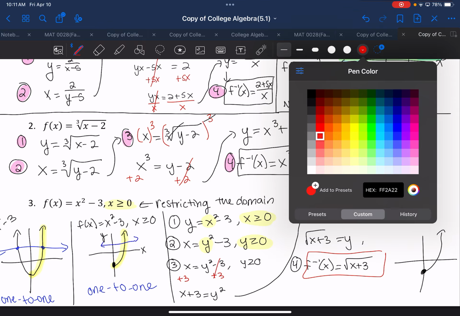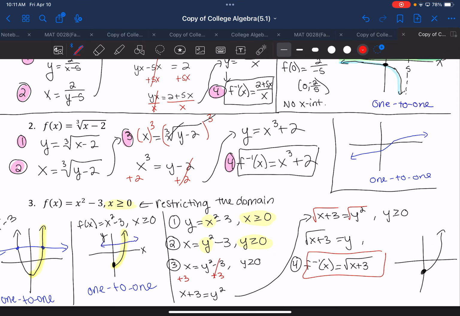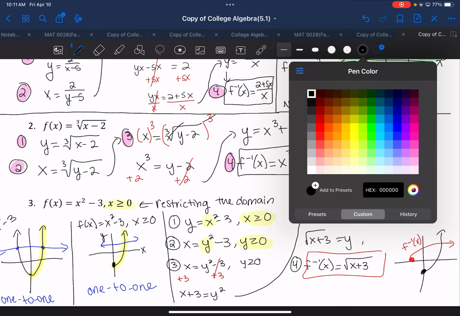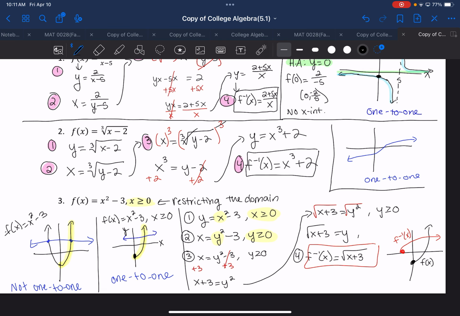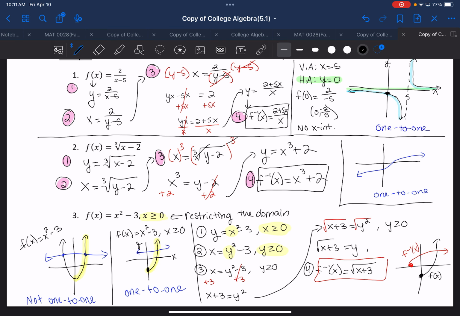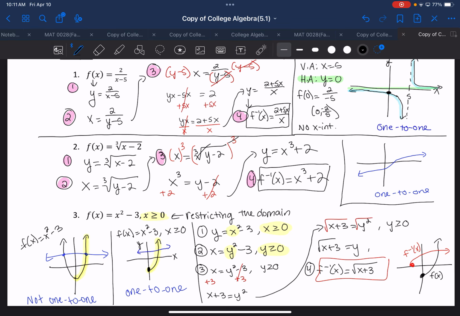And this function that we just found, which is the inverse function, would look like this. And that is the end of 5.